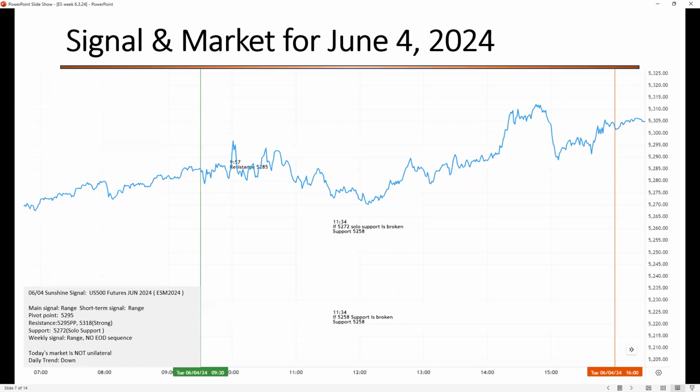Prices opened around the 52.95 pivot point and consolidated a bit before coming down to the 52.72 support, which held, and this was also above the overnight low. So this would have been a long opportunity.